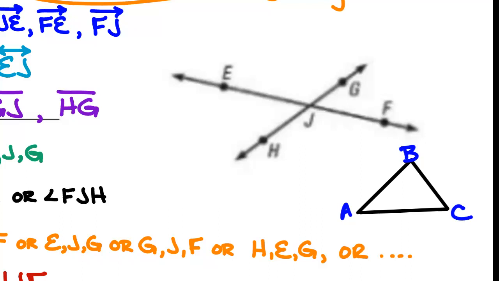I could not call that angle AC. We can never name angles with 2 letters. Angles, again, are named with either 1 letter or 3 letters. Rays, lines, and segments, 2 letters only, always 2 letters.